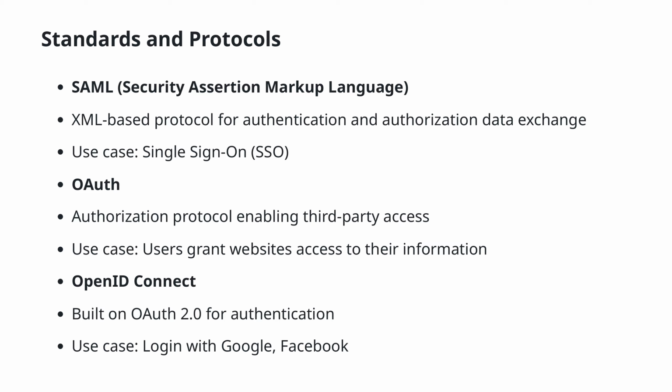While OAuth focuses on authorization, OpenID Connect adds authentication capabilities. A practical use case would be the Login with Google or Login with Facebook features, providing a seamless way for users to log into different services using their existing credentials from these platforms. These protocols ensure secure and efficient handling of authentication and authorization across various systems and applications.